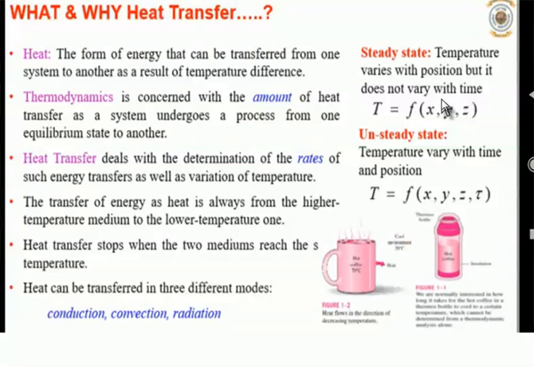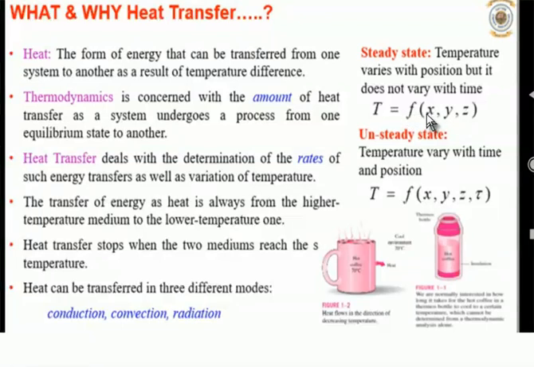If at any time it shows only 100 degrees Celsius, then the component or substance is called a steady state component. So in the steady state, the temperature is a function of only the positions, that is x, y, z.